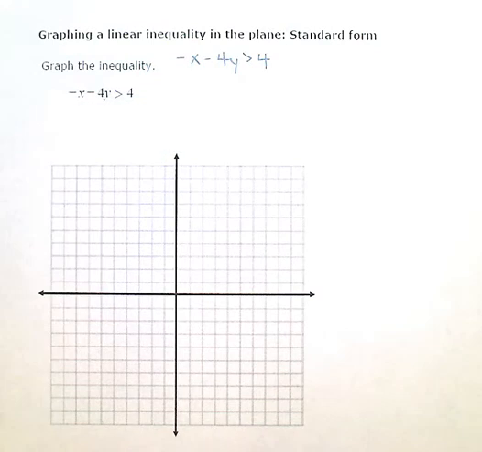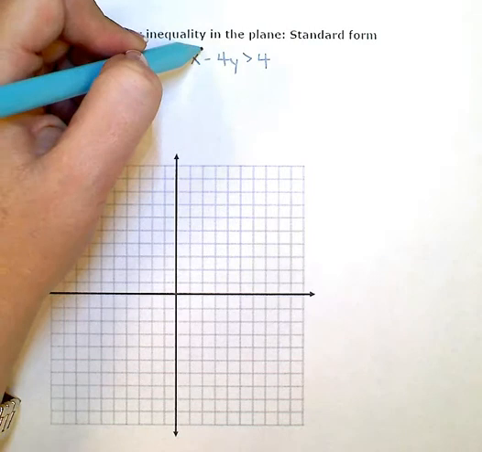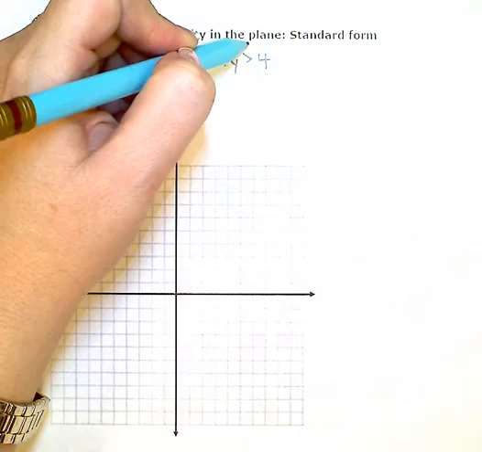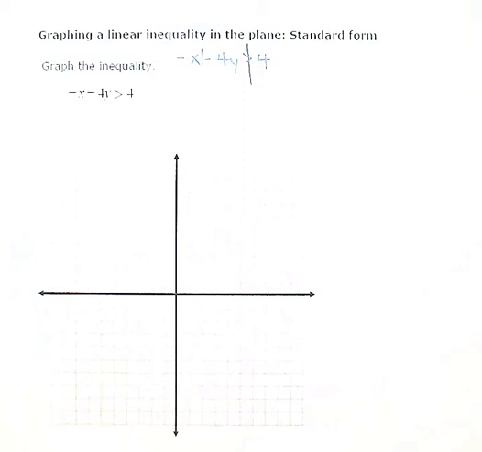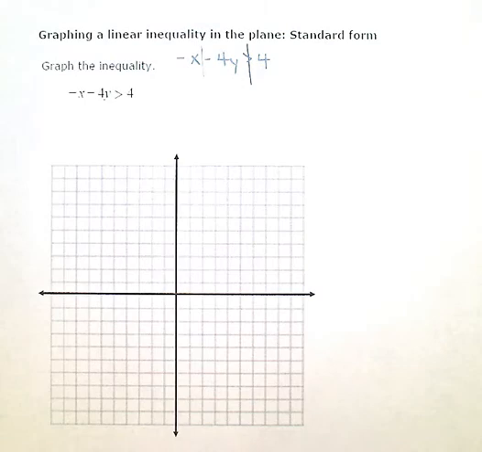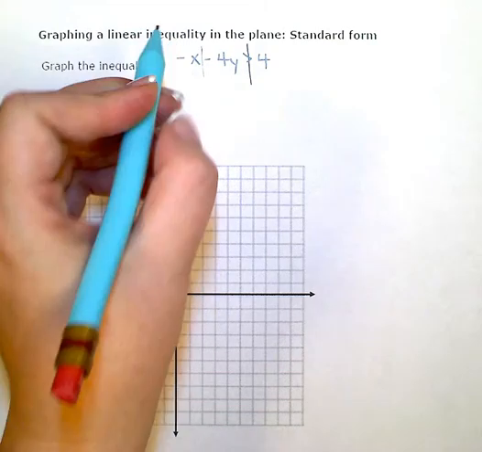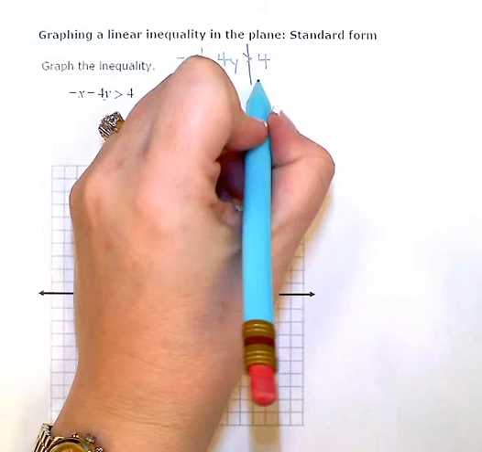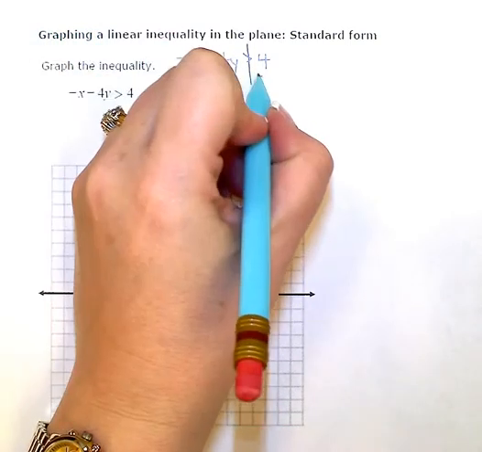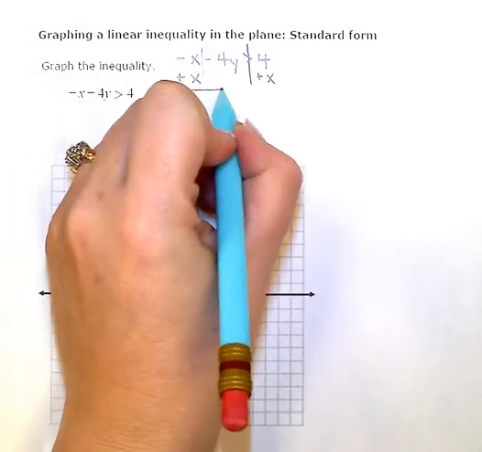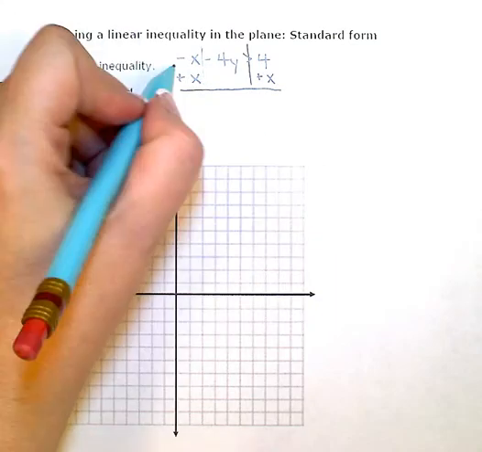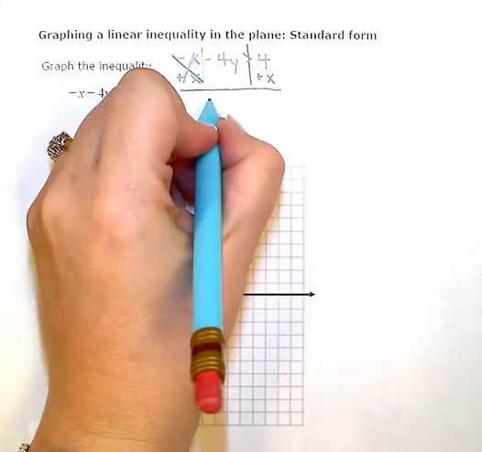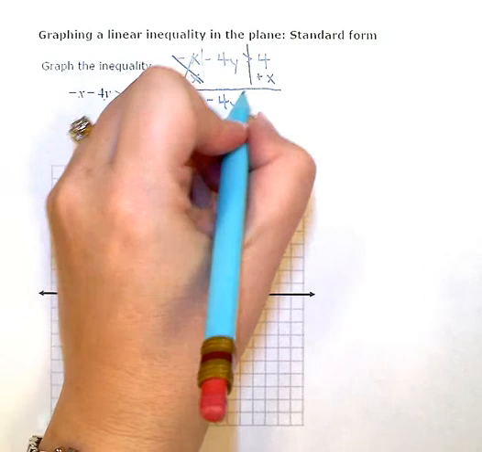So the first thing I need to do, since I have two terms over on this left side of my inequality symbol, I need to get rid of any term that isn't involved with the y. So this negative x, I'm going to zero out or eliminate by adding x, and then doing the same thing on the other side of the inequality. Okay, so these are going to eliminate, and I'm going to be left with negative 4y is greater than.